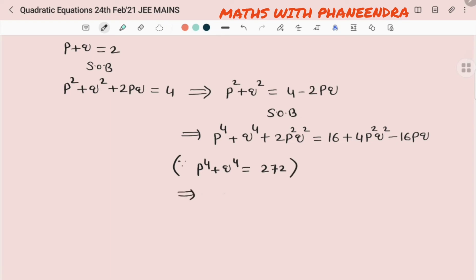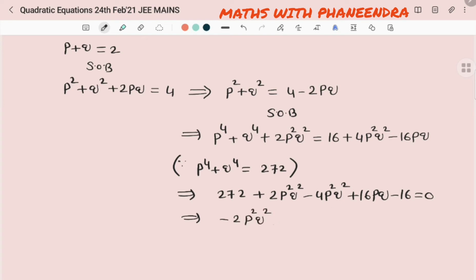So that implies 272 plus 2P square Q square minus 4P square Q square plus 16PQ minus 16 equal to 0. So 2P square Q square minus 4P square Q square is minus 2P square Q square, plus 16PQ. 272 minus 16 is 256.